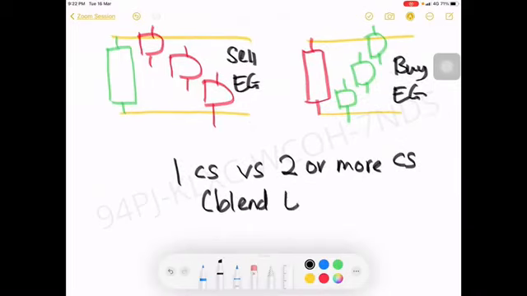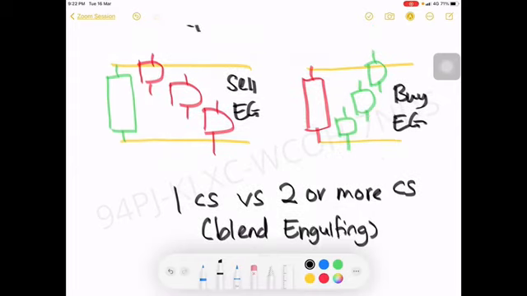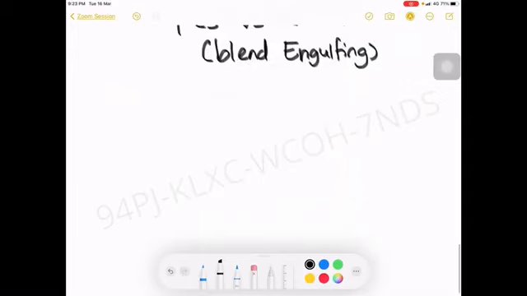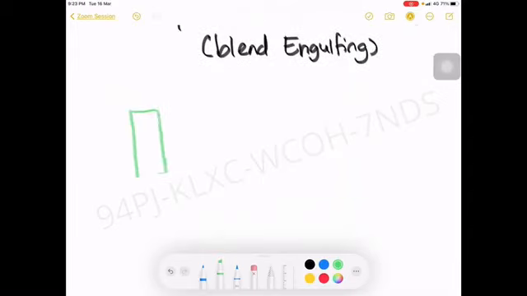One candlestick or more candlestick, we can call engulfing.